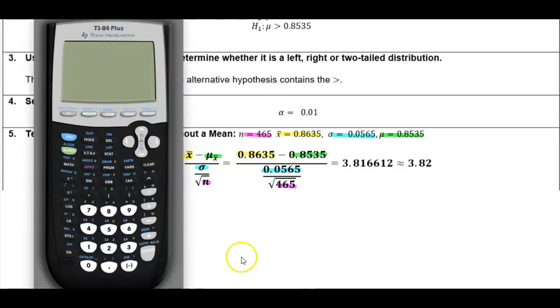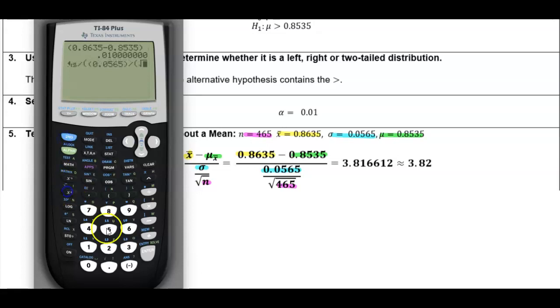So let's go ahead and do this on our calculator. So we take 0.8635, subtract 0.8535. And we get the following in the numerator. And then we're going to divide that by, we're going to add a parenthesis outside, and then on the inside we're going to put the numerator of 0.0565 and then close that, and then divide that, and then contain this in parentheses.